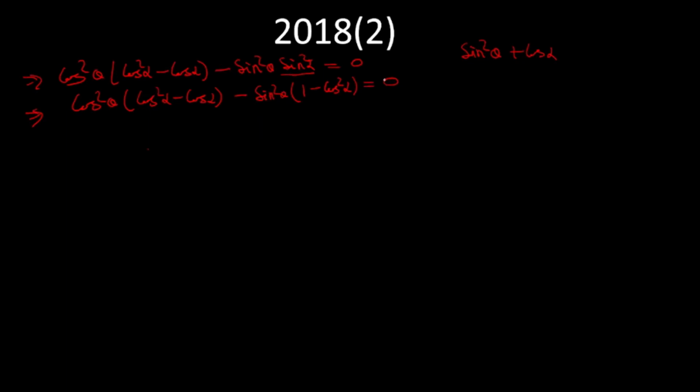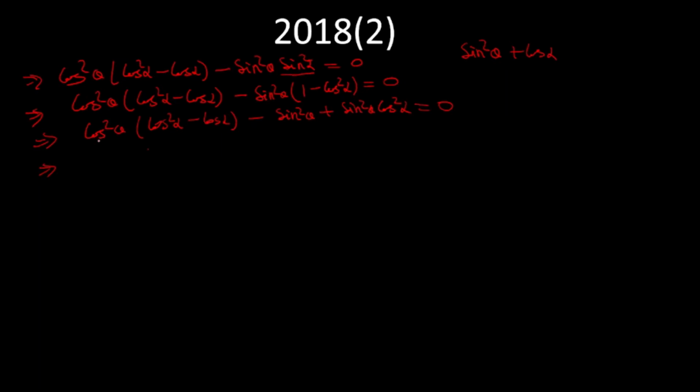Now I multiply this. When we multiply we get cos square theta cos square alpha minus cos alpha, and here minus sin square theta, minus minus becomes plus, we get sin square theta cos square alpha equal to 0.